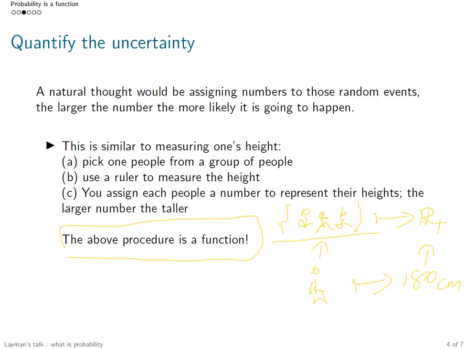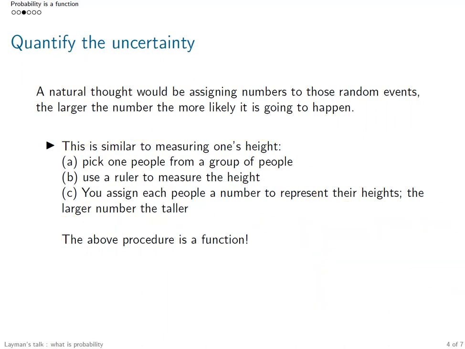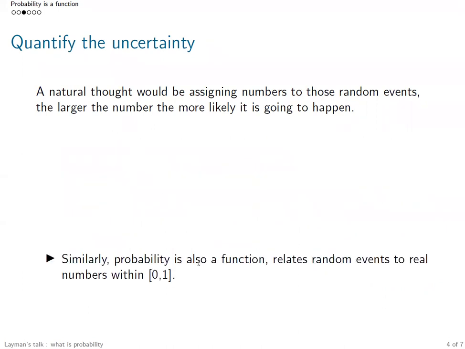So essentially, the whole procedure satisfies the definition of a function. It maps one element in set A to another element in set B. And the same goes for probability. So it relates random events to real numbers within 0 and 1.